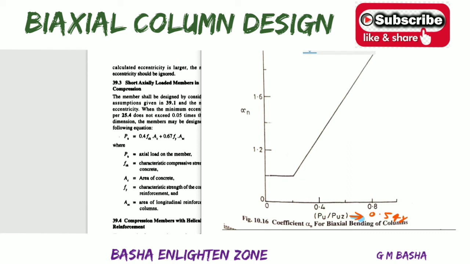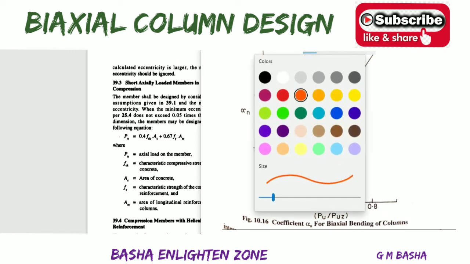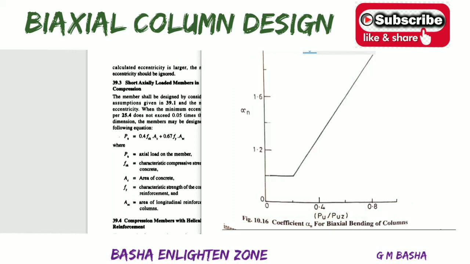So just relate this 0.548. So I am writing clearly here, which is 0.548. For that one, you have to relate this alpha n. Okay, see here, this is 0.4 and 0.8.